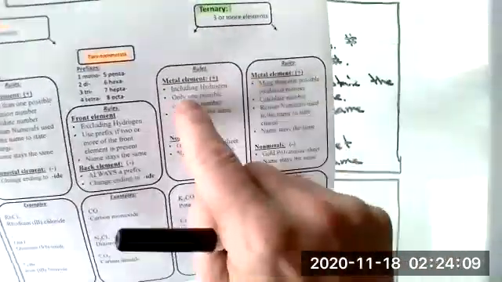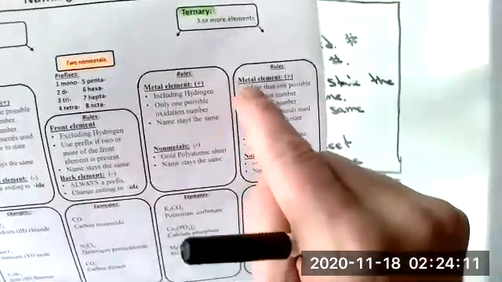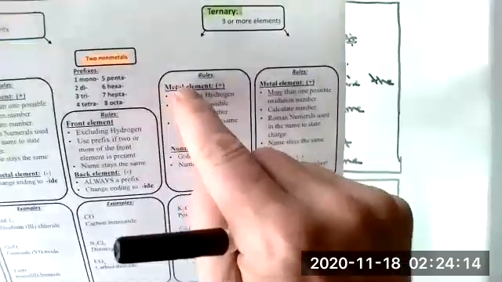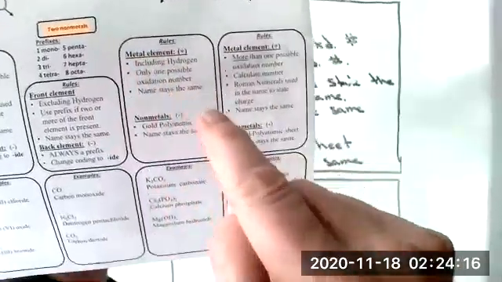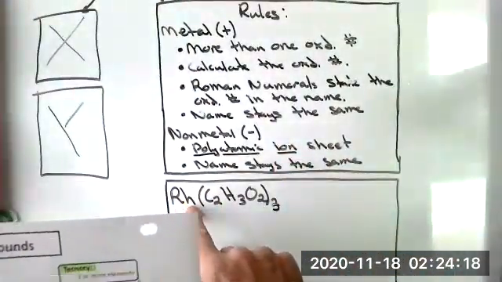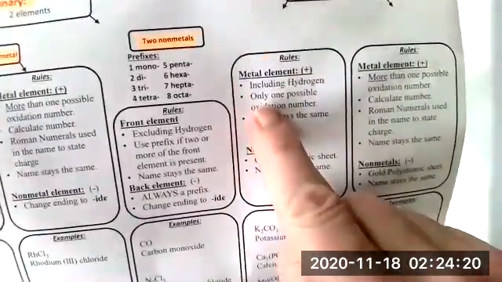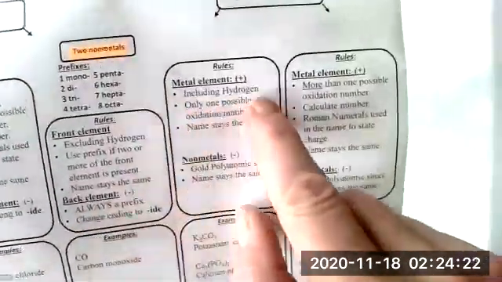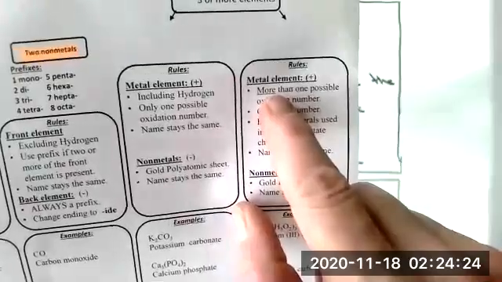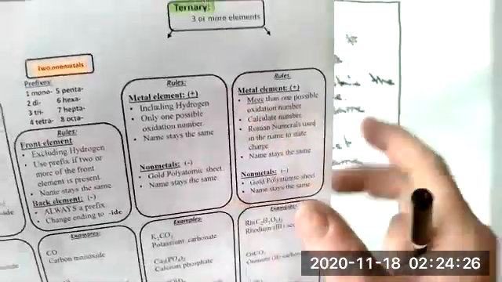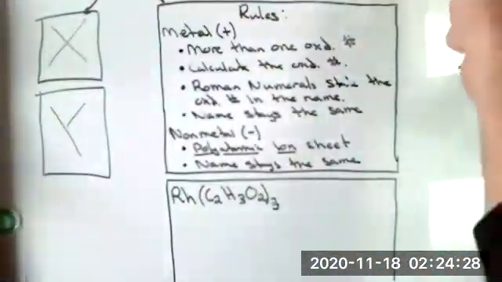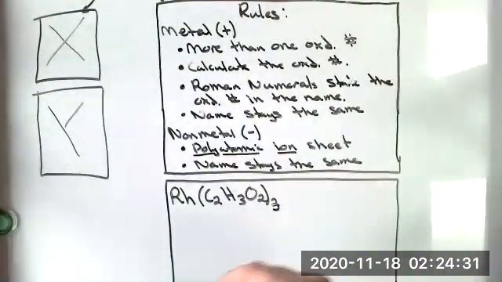To find out where you are, you always have to check that metal in front. Does this metal in front, this Rh, have only one possible oxidation number, or does Rh have more than one? That's where you grab your fifth best friend, and you simply have to look him up.